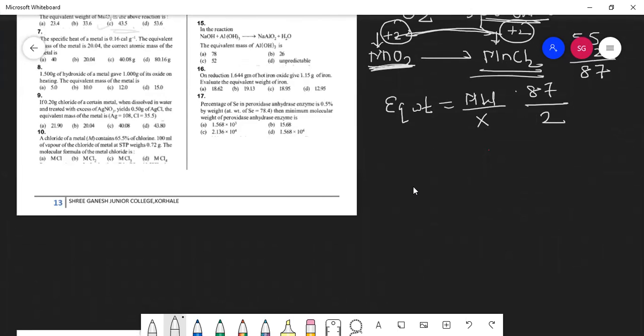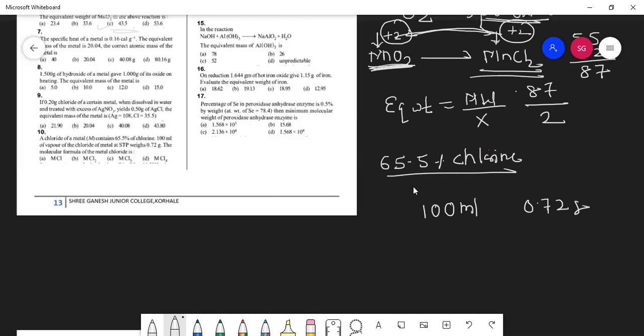Okay, question number 10. A chloride of metal contains 65.6% chlorine. They have said 100 ml of the chloride of metal weighs 0.72 grams.